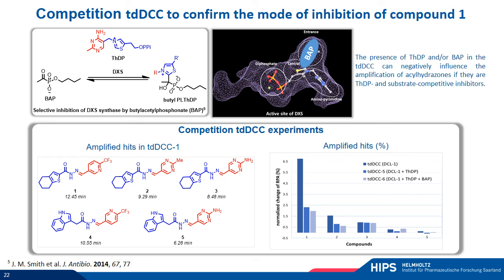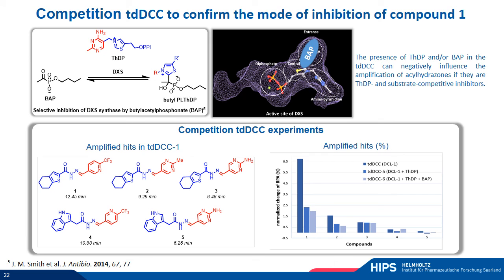To support this notion, we ran two DCC experiments where in one we included thiamine diphosphate and in the other thiamine diphosphate and BAP. And we compared the amplification of these 5 hits with the initial amplification where we didn't add any of the substrate.